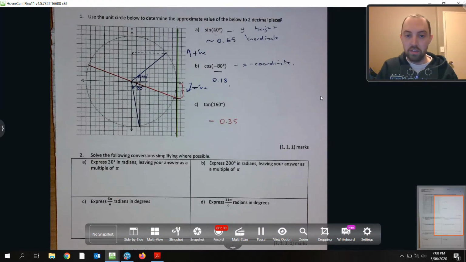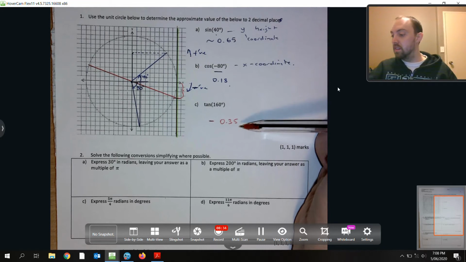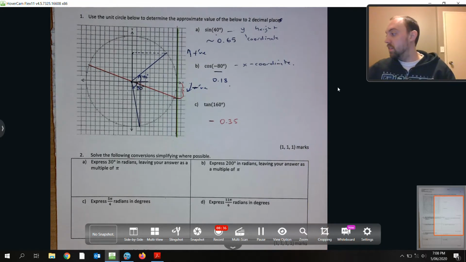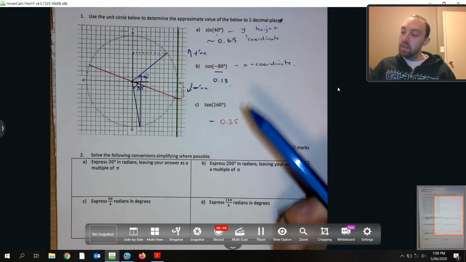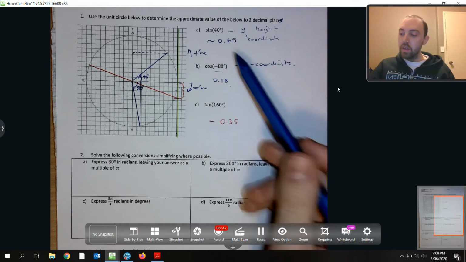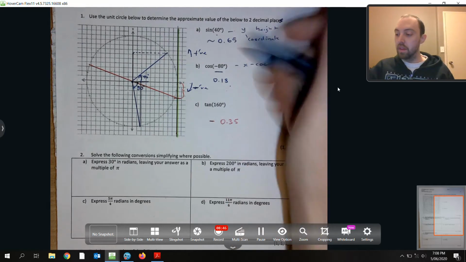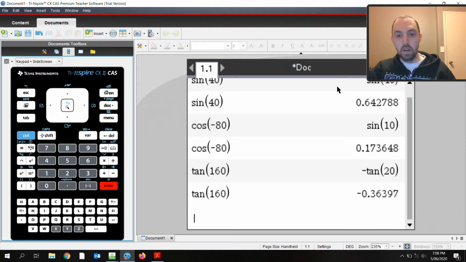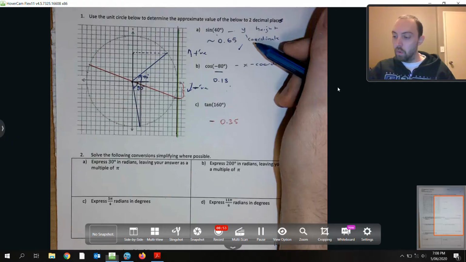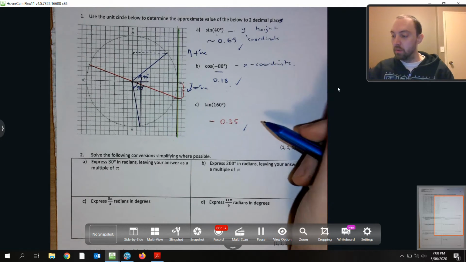So you can see, based on our scale diagram, you don't have to be perfectly exact for these answers because it is a scale diagram and a small one at that, so there is a little bit of room for error in the answers here. So you may have said 0.65. That would still be correct, even though the actual answer is 0.64. Right? Same with these two. A little bit of room for error.